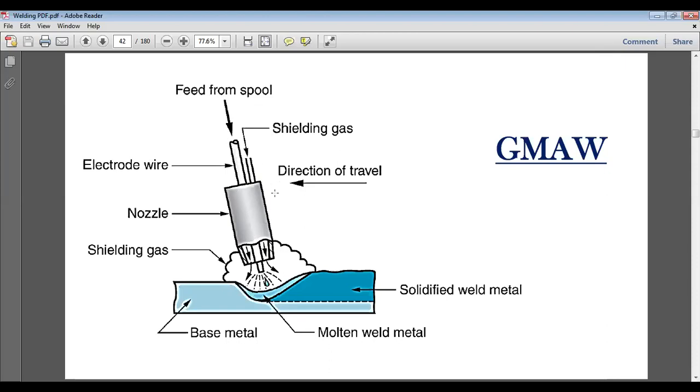And of course we have a barrel or shell around this electrode, where we compress the inert gas, and this inert gas is protecting the molten metal from the whole environment. So this is the nozzle and this is the feed from the spool.